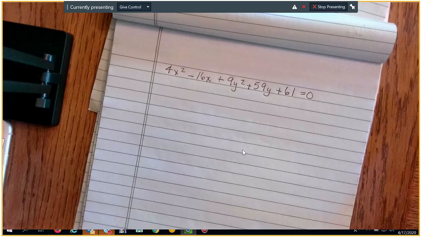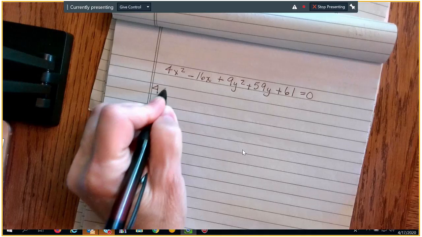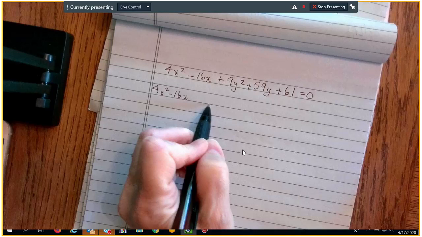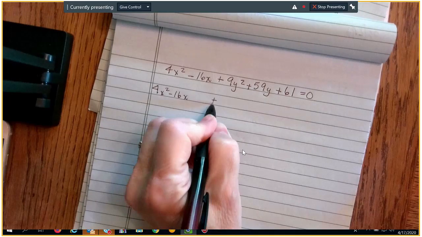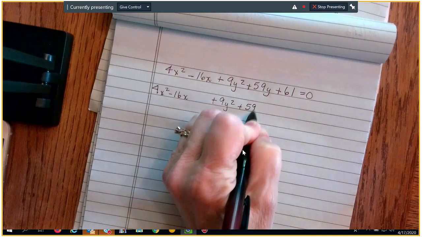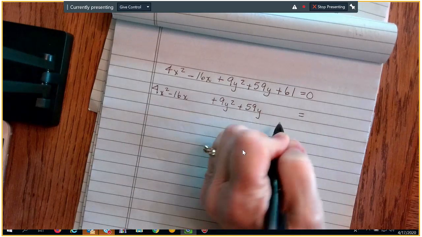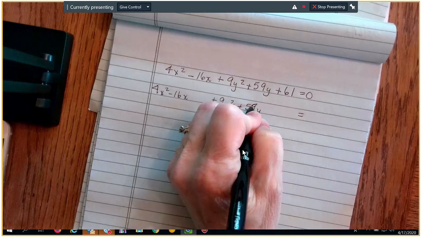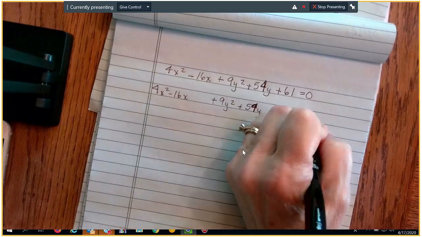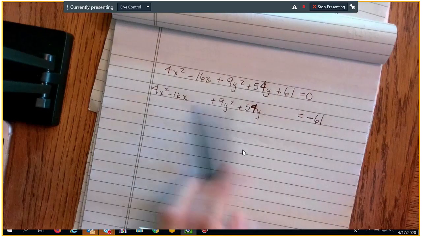So we have to move over anything that doesn't have a variable with it. So we've got 4x squared minus 16x, and I'm going to leave a little space for my completing the square here, plus 9y squared plus 54y equals negative 61. Now complete the square here.